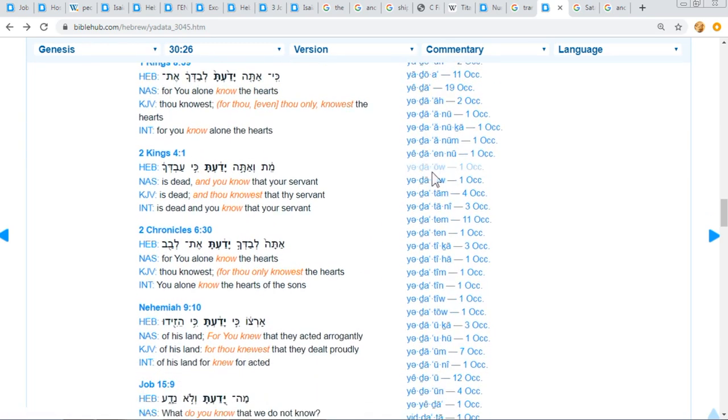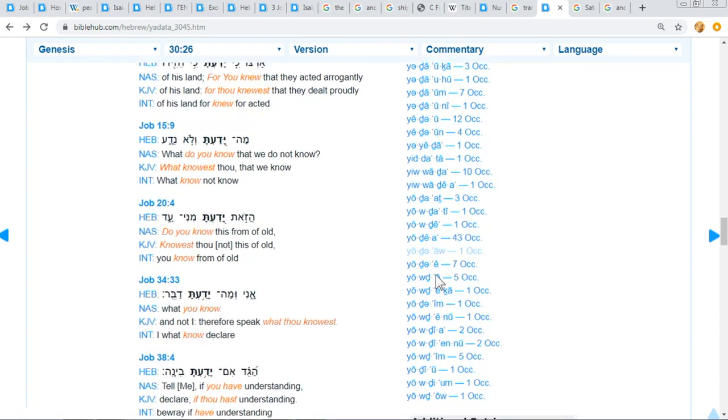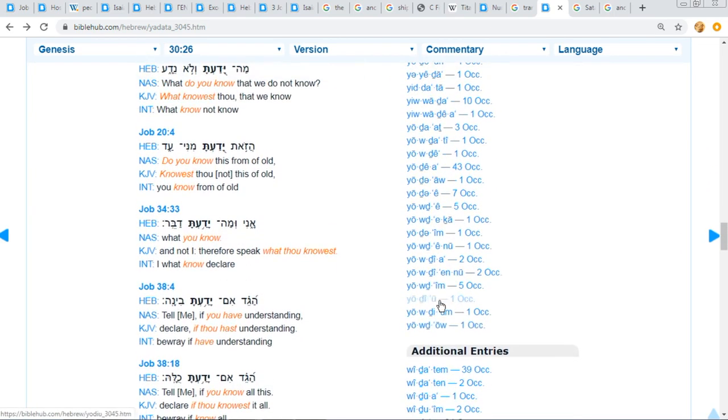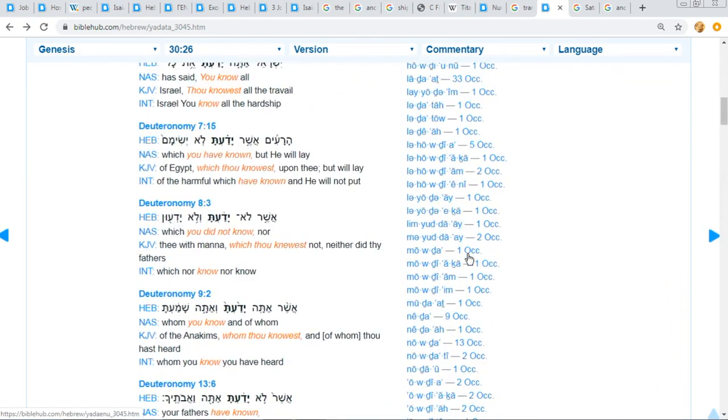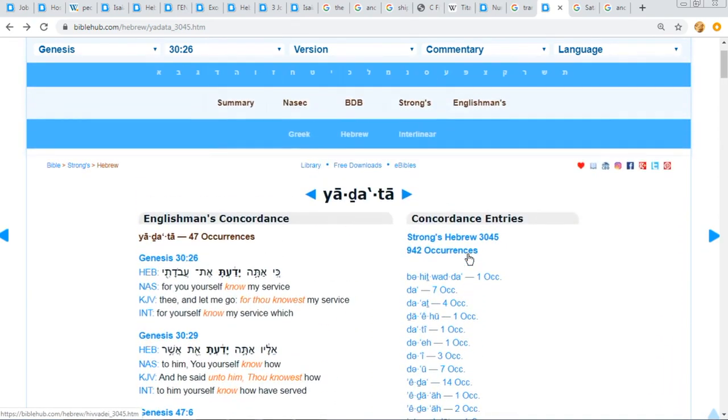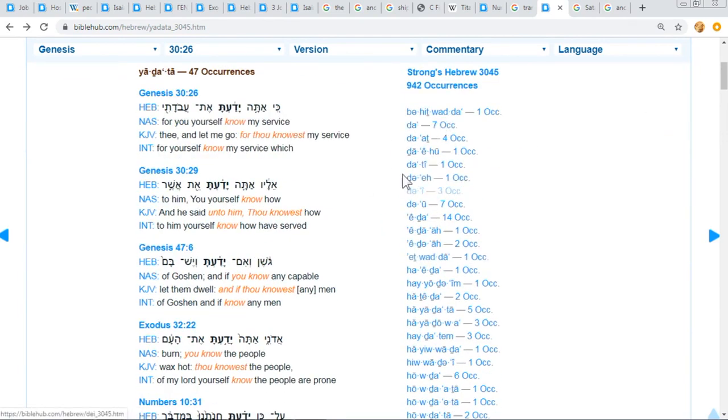But this, the Yada. I know, the hand to see mark, and it's written 50 over 100 and probably 130 different ways, to get 942 times.